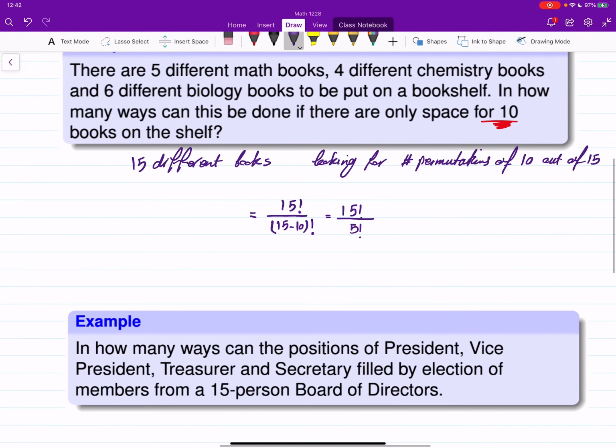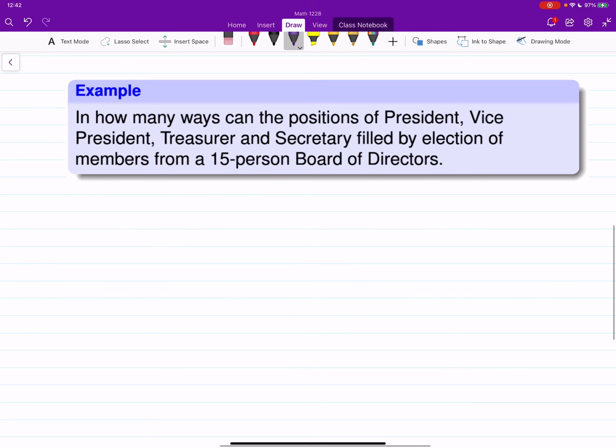Okay. Let's do another example here. In how many ways can the positions of president, vice president, treasurer, and secretary be filled by an election from the members of a 15-person board of directors? So we have 15 members in this board of directors, and we want to choose 4 of them for different positions. So here we have arrangement, which is the same thing as order. We are looking for president, vice president, treasurer, and secretary, and it is a permutation.